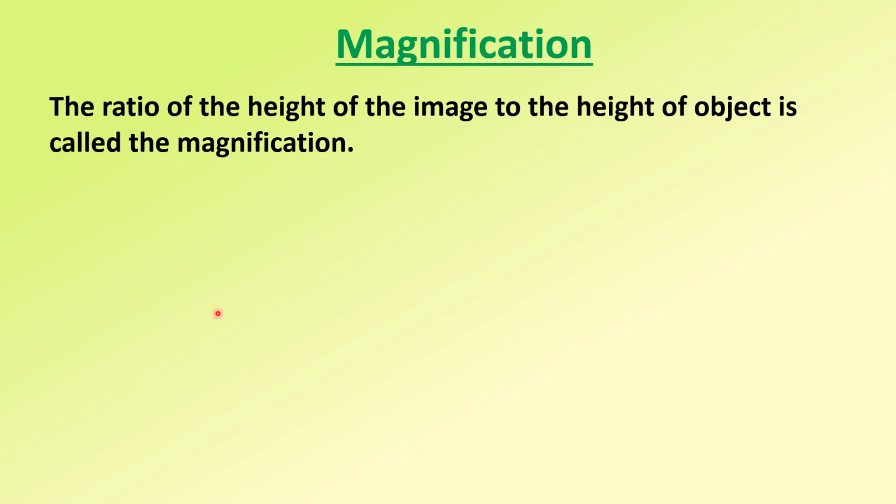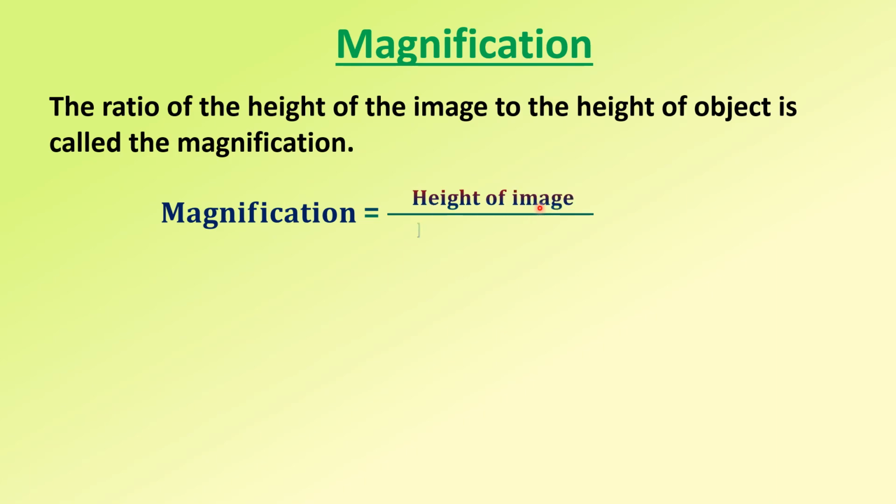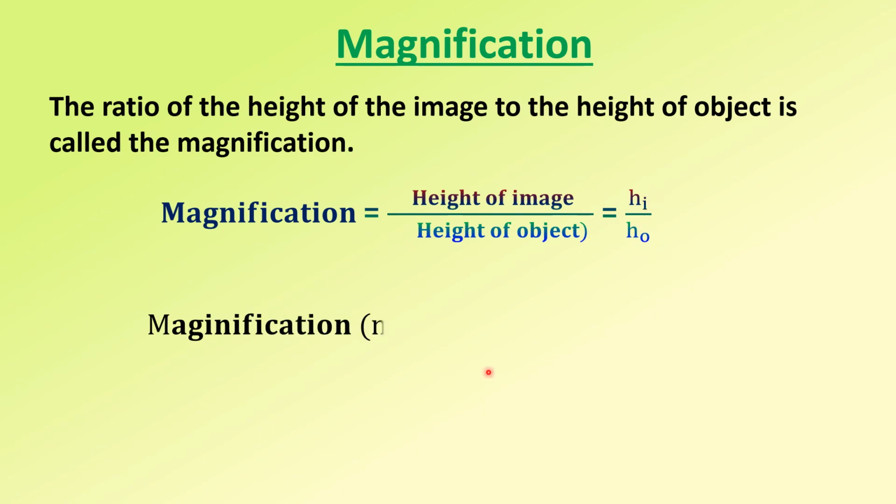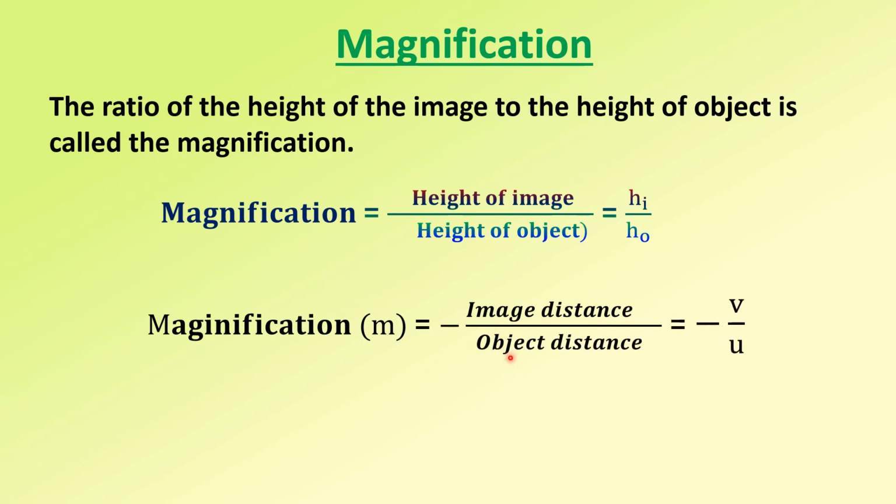So here the formula is: magnification equals height of image by height of object. So here Hi by Ho, magnification m equals minus image distance divided by object distance, that is, minus V by U.